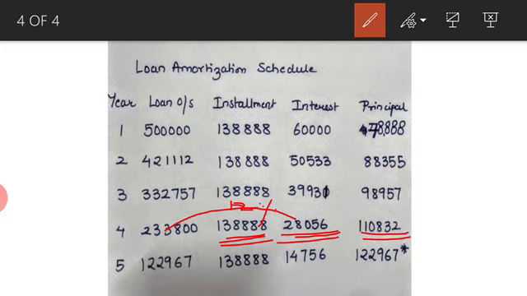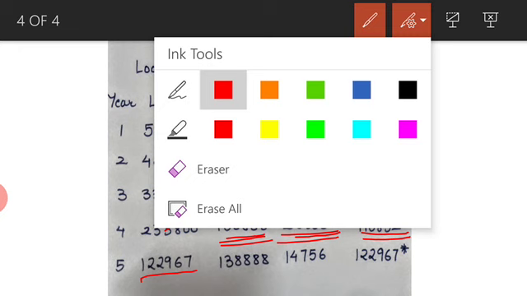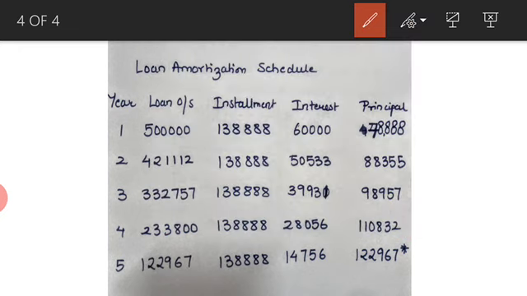Coming to the fifth year, which is the last year. Now last year you have to be very careful. Okay, last year again 2,33,800 minus 1,10,832 gives you 1,22,967. Now this is the loan which is outstanding in the last year. That means we have to repay this entire amount in this year itself.